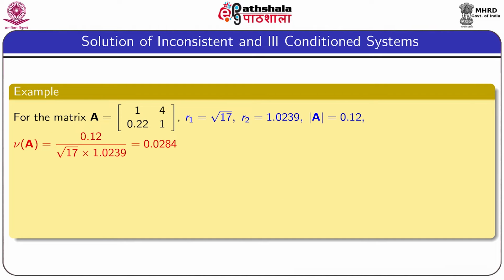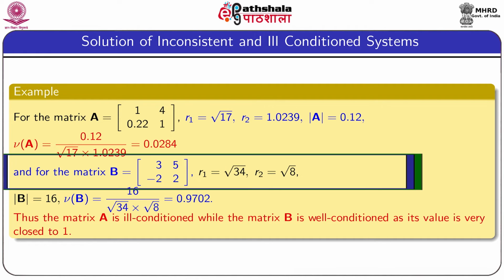Let us consider a matrix A whose first row is 1, 4, and second row is 0.22, 1. For this matrix, R1 is equal to root 17, R2 is equal to 1.0239, and the determinant of this matrix is 0.12, and hence nu A is equal to 0.0284.